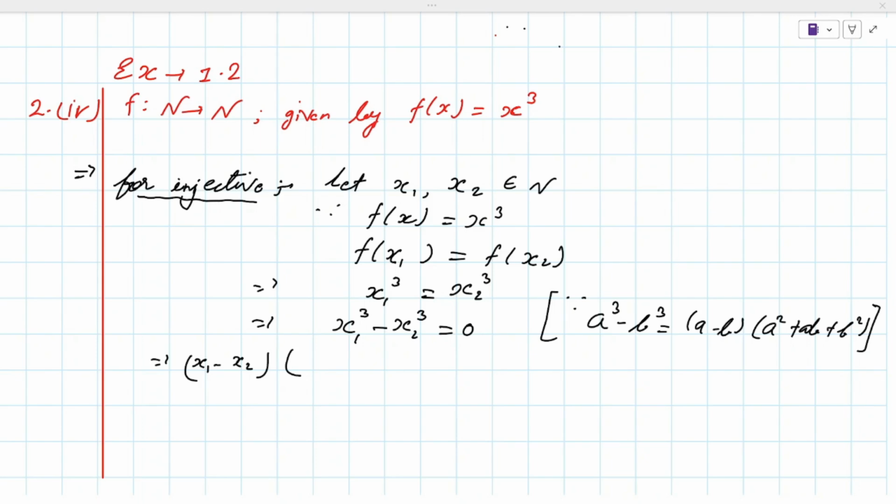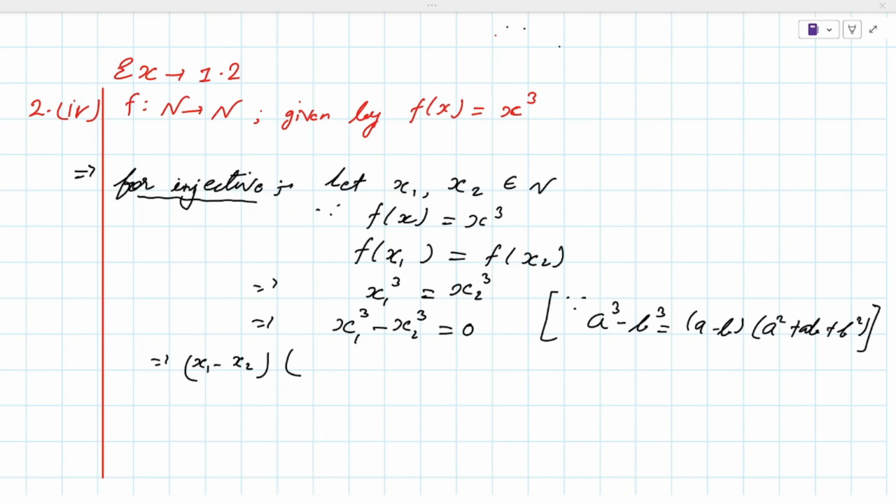If you expand, A into A square will be A cube, plus A square B plus AB square, minus A square B, minus AB square, minus B cube. So if we go with the other formula, then it will become more complicated.